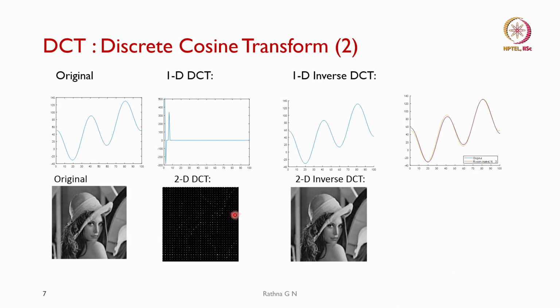Now let us see how it looks in the case of an image. This is the original Lena image. When I take the 2D DCT of this, this is how the coefficients look. Then we put a threshold and eliminate the coefficients, making them zeros.